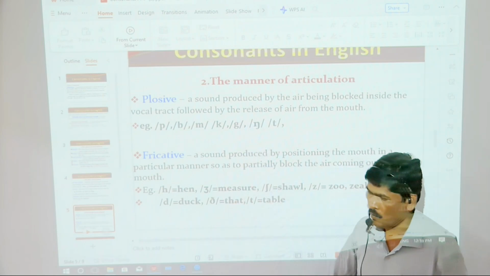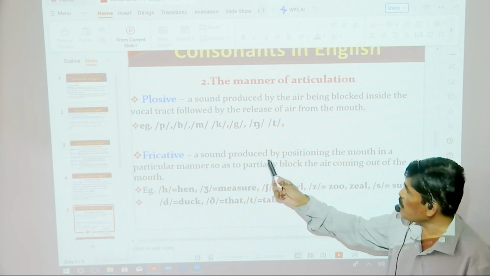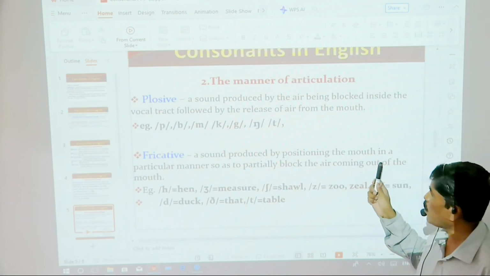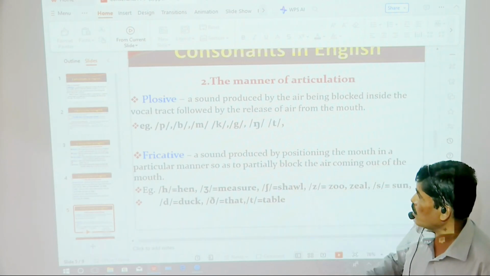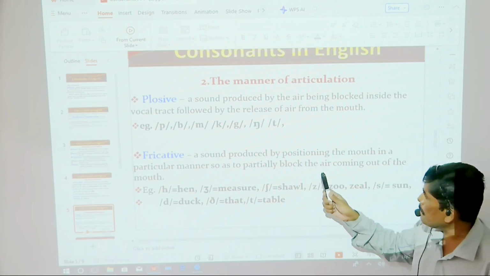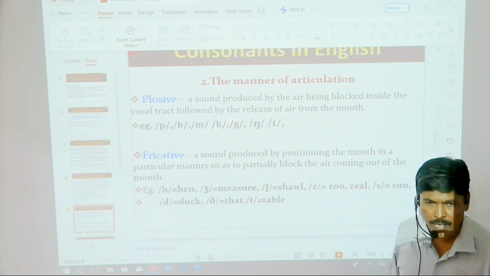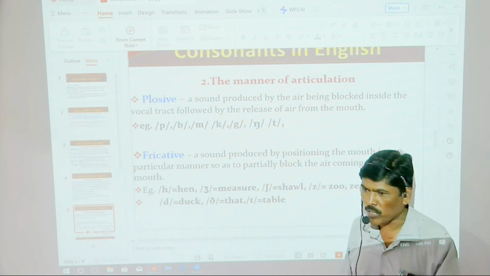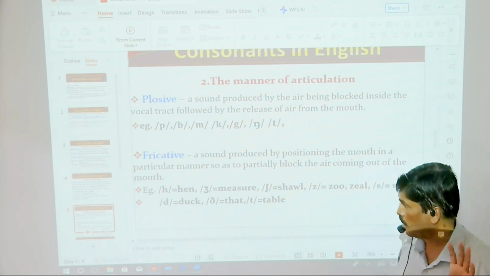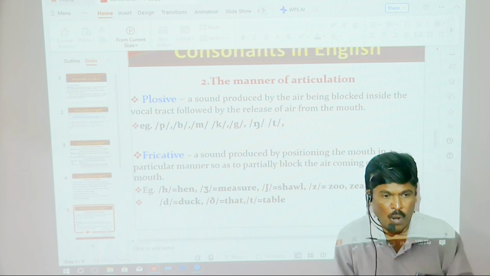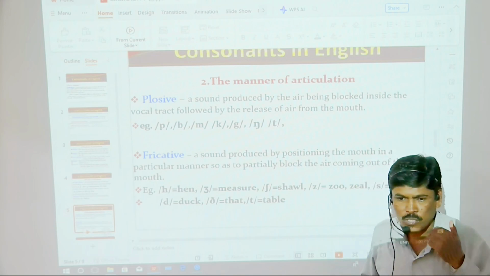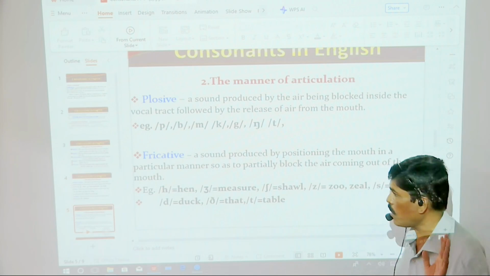Now fricative. See, it is a sound produced by positioning the mouth in a particular manner so as to partially block the air out of the mouth cavity. Here also air is blocked in the mouth cavity, but only partially, not completely. Partially means to some extent air is passing out of the mouth cavity.